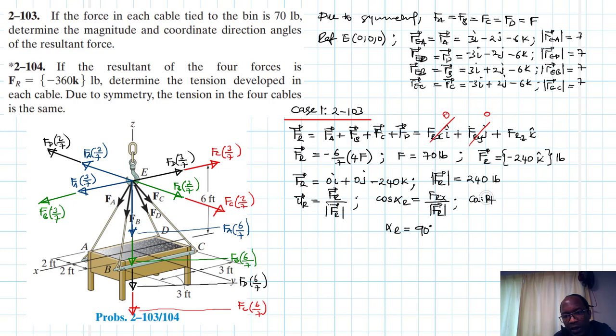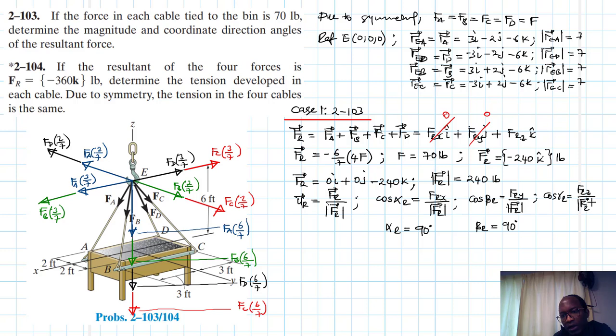Cos beta resultant is equal to FRY divided by the magnitude. And we know that FR is 0, therefore this gives us 90 degrees. And then finally, cos gamma R is equal to FRZ divided by the magnitude.